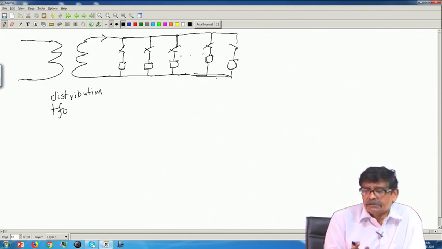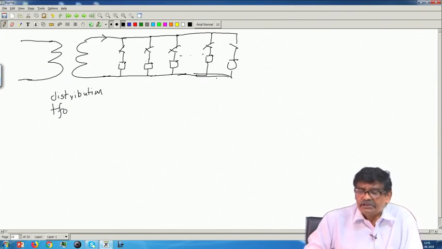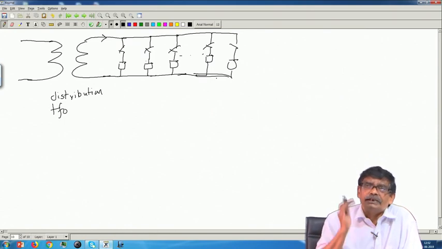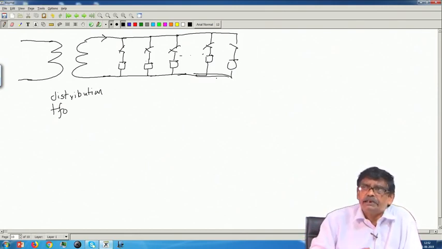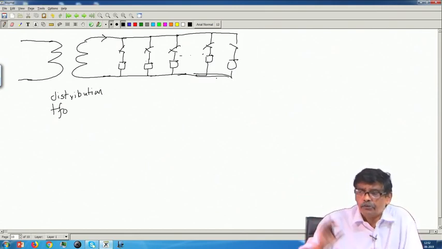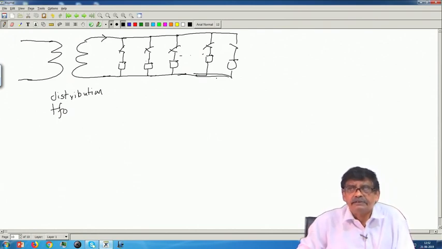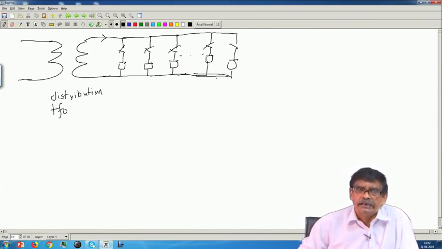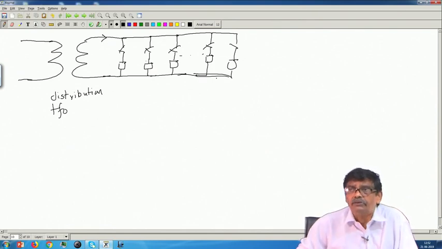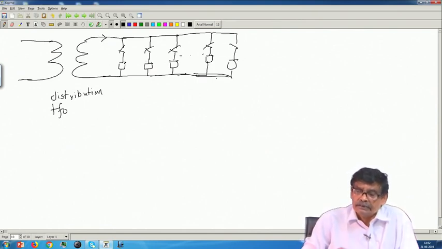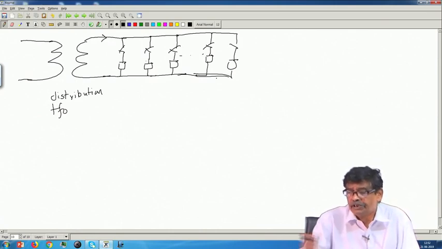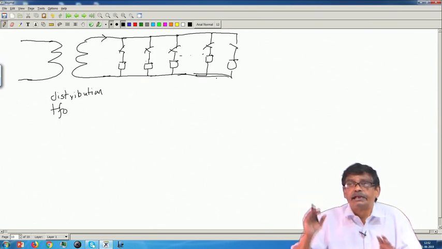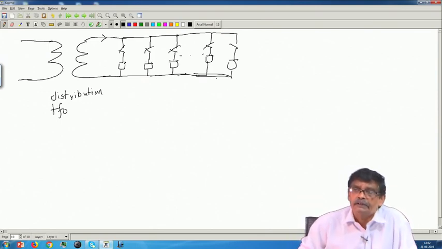Now, the question is, in a distribution transformer there will be a variation of load pattern over 24 hours. There will be some morning peak, when offices are open and electricity is used. In the evening, once again, as I told you, there is a peak load demand, because most of the users will switch on their lights and fans and what not.